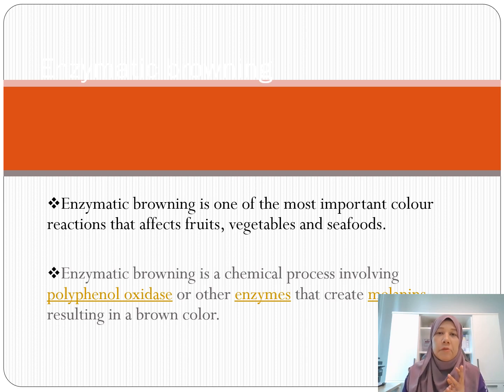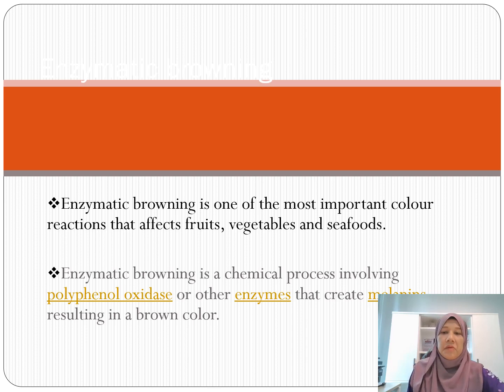The first one we call the enzymatic browning process. The second one we call the non-enzymatic browning process. Please refer to the words enzymatic and non-enzymatic: one means the browning process uses enzyme, and the other one does not use any enzyme.